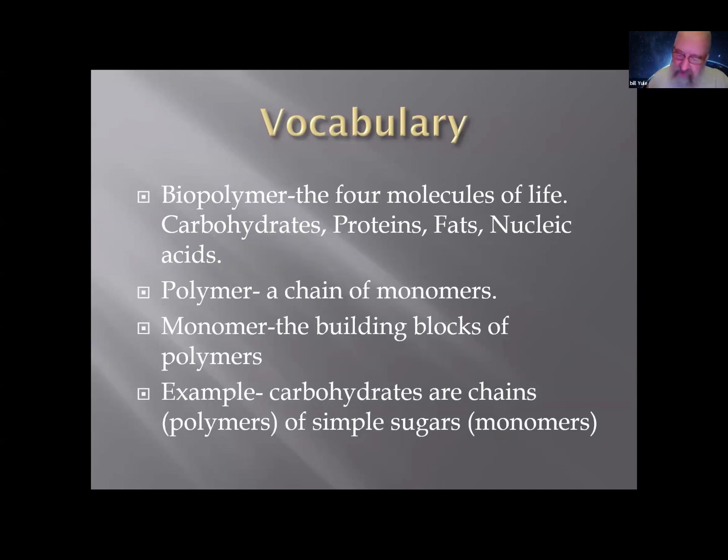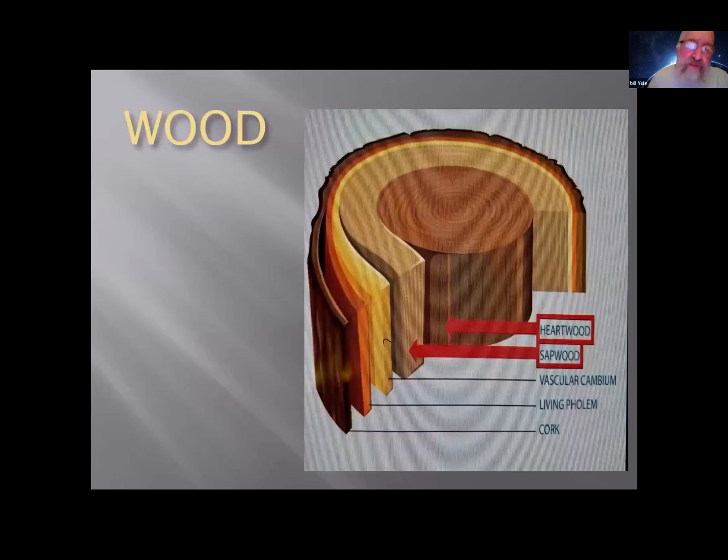It's just kind of useful to know that that's what's going on in the organic chemistry of the biopolymers of life. So everybody knows what wood is. Everybody has wooden furniture, I think, and everybody knows about trees.